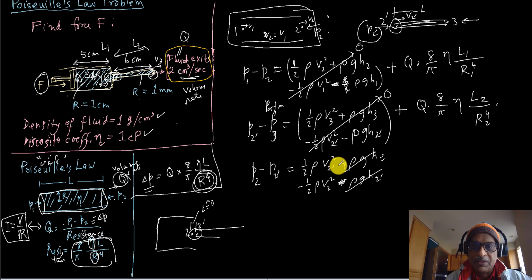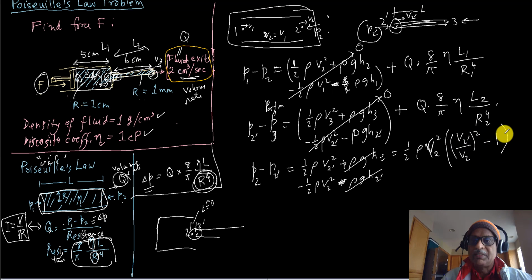Now these guys will cancel out, but V2 prime and V2 will be different because of the area of cross section, and so you can convert this: half rho V2 square times (V2 prime over V2) square minus 1.